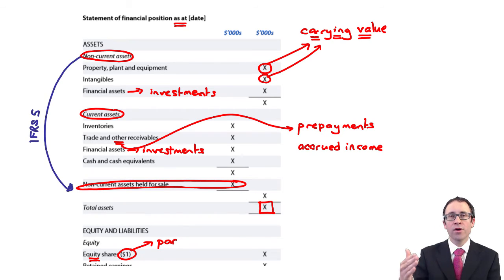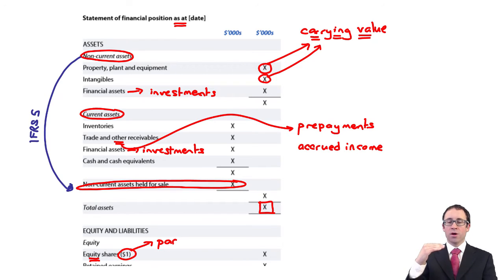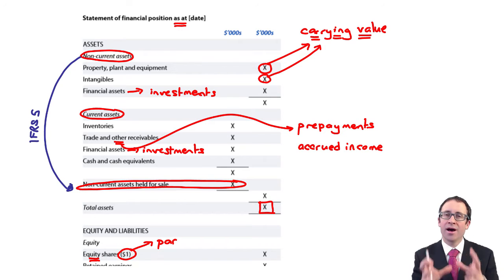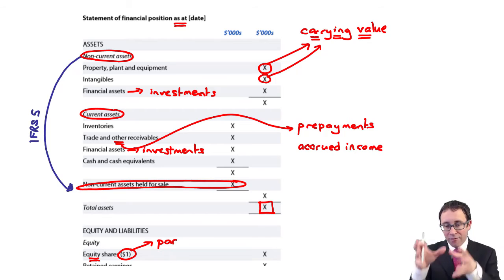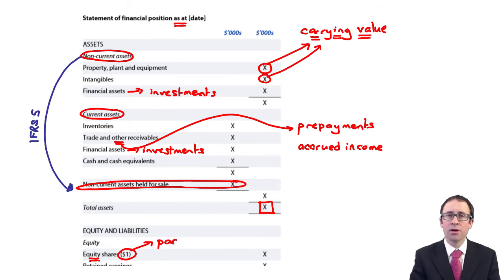Okay, so therefore you're going to transfer it down from non-current assets into non-current assets held for sale, a separate line item. Because then what you can see there is that when you're looking at your analysis, or maybe looking at your ratios, you've distinguished between what is going to be there next year in terms of your non-current asset balances, and then further down what won't be there potentially next year in terms of your non-current assets held for sale.